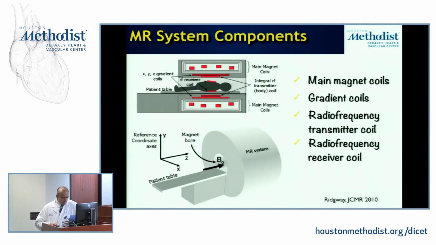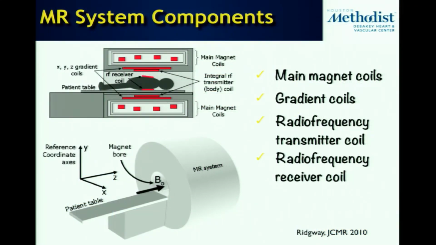Let me just talk about some of the language that we utilize. We've got the main magnet coils, which are within the body of the scanner itself. But there are also gradient coils, and their purpose is to cause a local perturbation or alteration in the magnetic field.